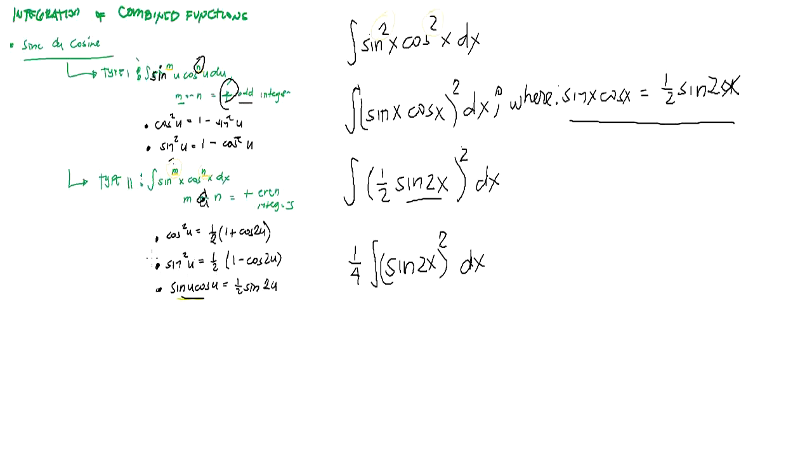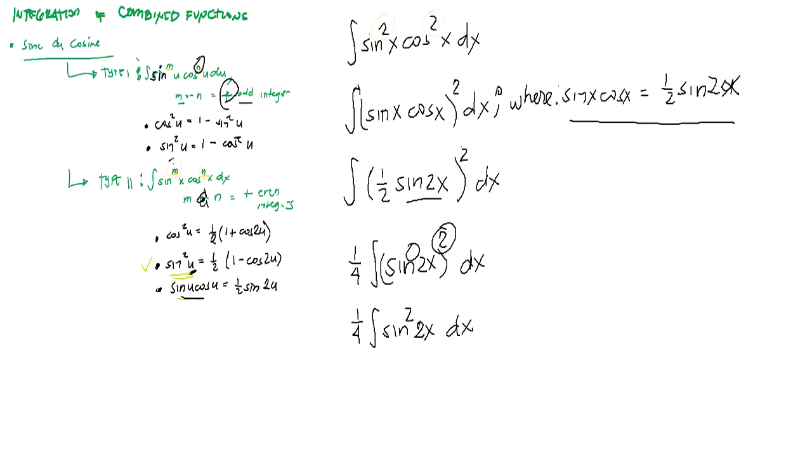From our type 2, let us scan once more our identities. As you can see, maybe we can use this form. So let us rewrite our integrand, which is also equal to sine squared 2x dx. Maybe we can now change the variable x to u.